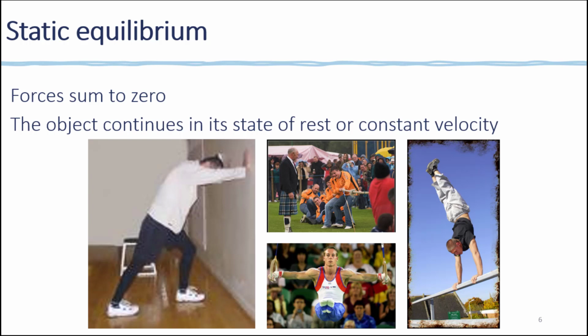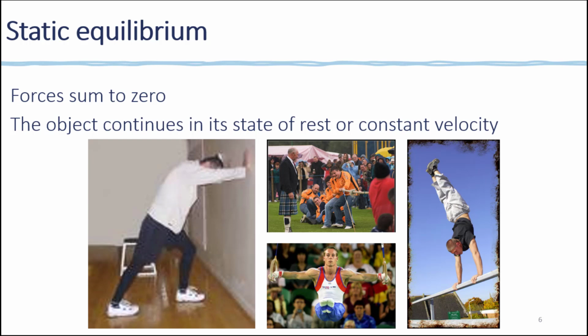Okay, so in static equilibrium, we know that the forces sum to 0, and we also know that the object continues in its state of rest or constant velocity unless it's acted upon. So at the instant where the picture was taken in each of these cases, you can assume that there is some sort of static equilibrium.